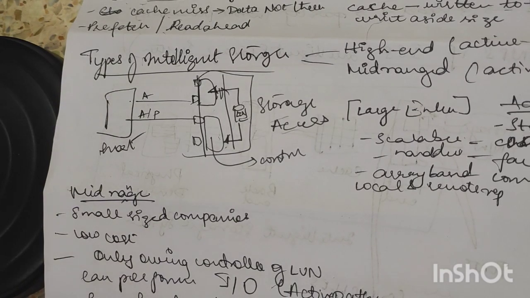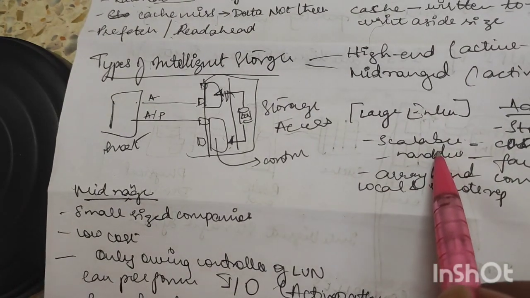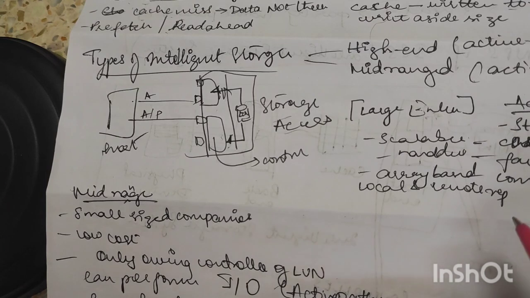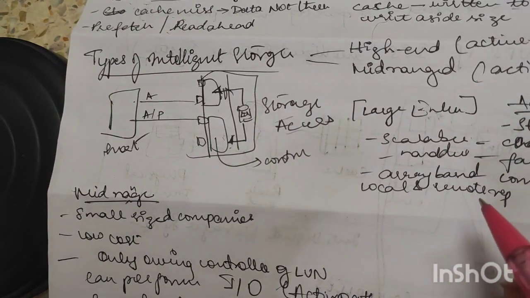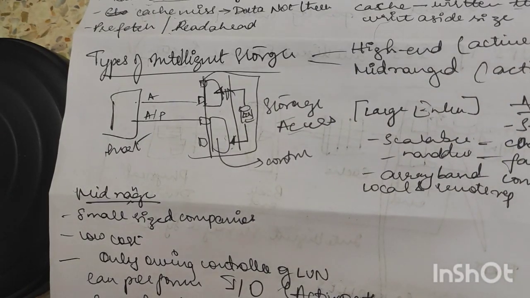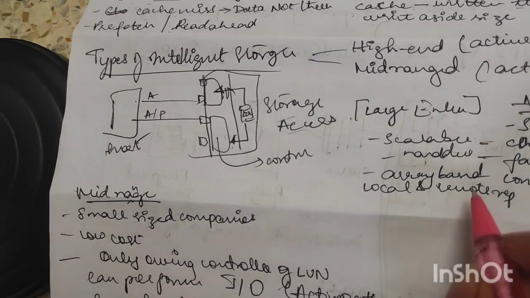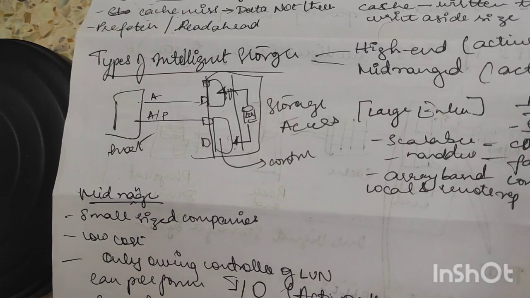Other than this, it is scalable. If it is scalable, then you have better performance, and you have a lot of capacity requirements. So it has the ability to handle different workloads. I mean, it can handle 4 or 5 input output devices, and it can handle all of them well.